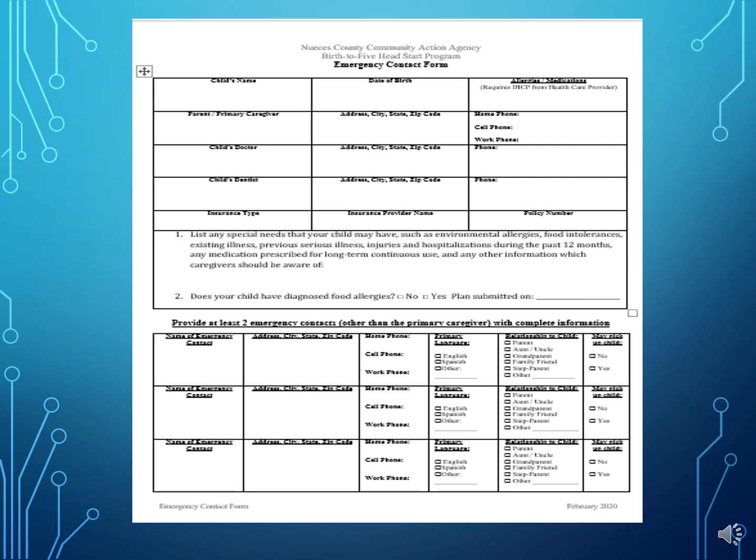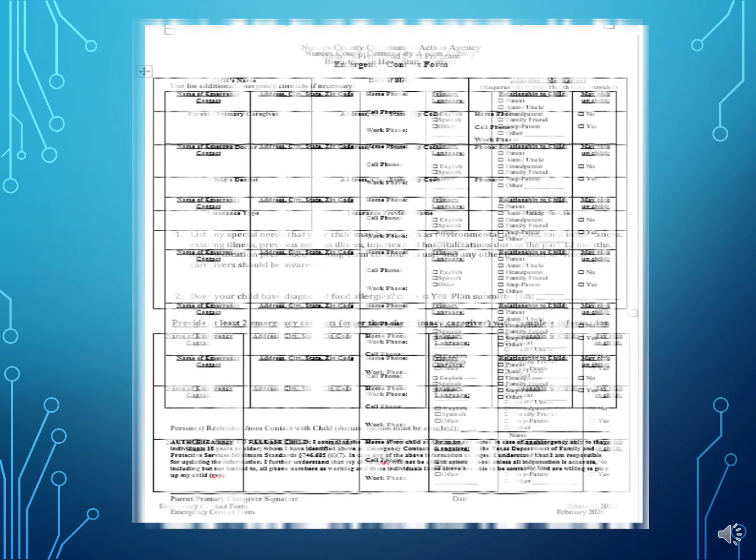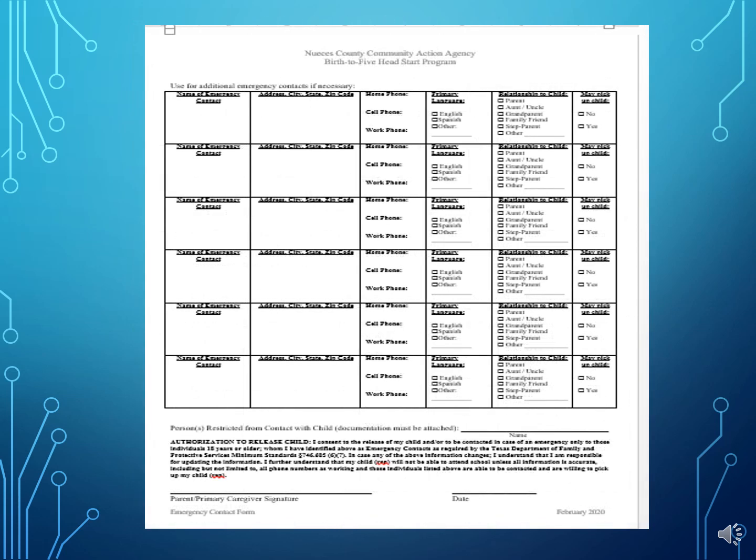And again, they are to list below at least two emergency contacts other than the primary caregiver with all their information. In order to list them on here, they must have the family's name, address, city, state, zip code, and a phone number. This here's the back of that form for additional people that they may want to list.